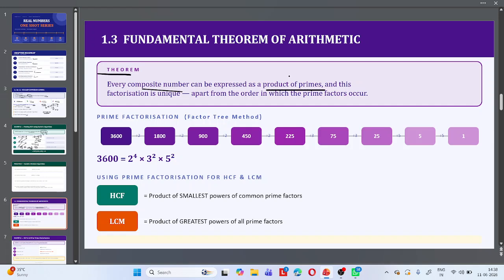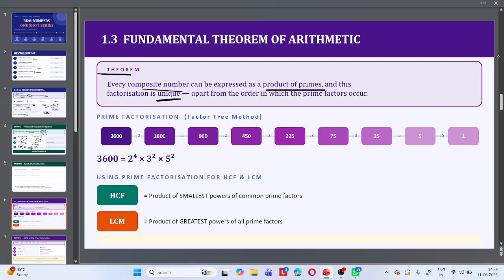Primes means those numbers which do not have any factors other than the number and 1 itself. Those numbers are said to be primes, right? Composite numbers are written as a product of primes and that is unique. This is the theorem statement. That is, any composite number can be written as the product of primes and this factorization is unique.